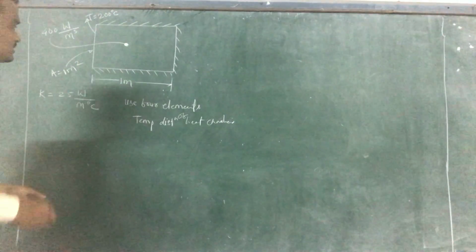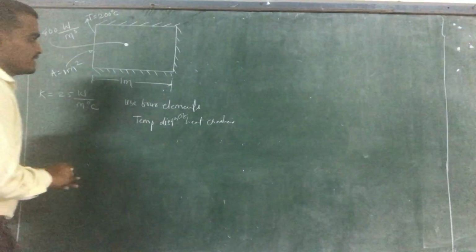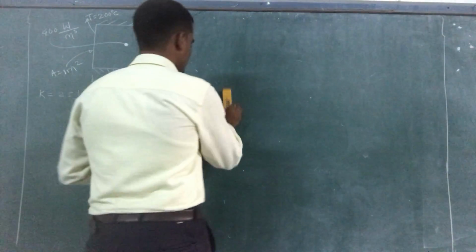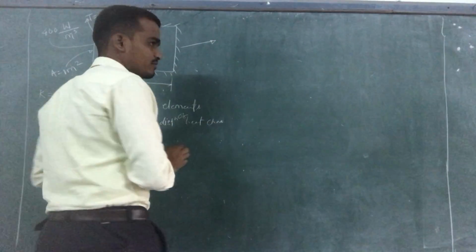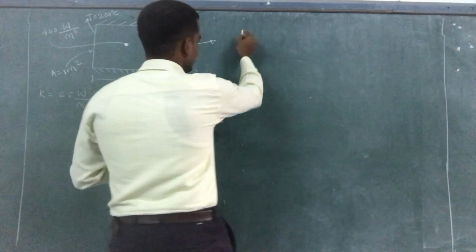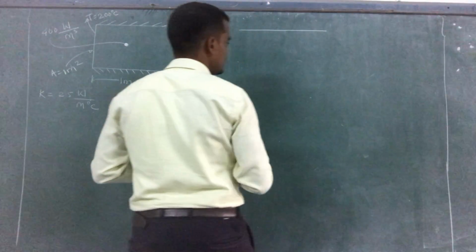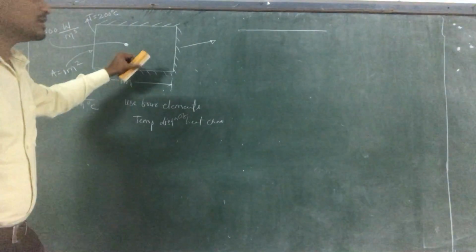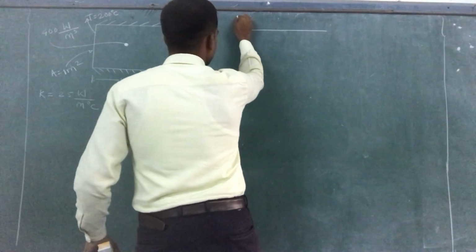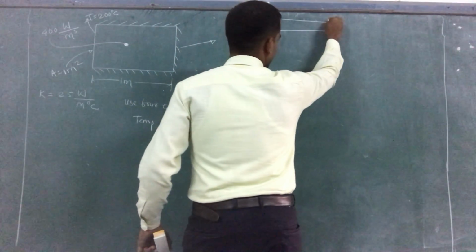Now we will solve this example. First we need to convert this problem into a free body diagram. So what will be the free body diagram? This is the total length of your heat chamber, equal to 1 meter.